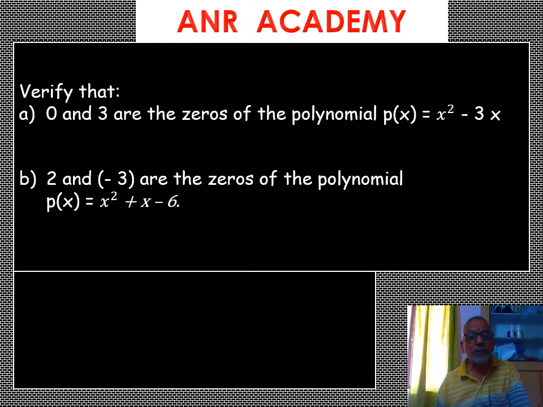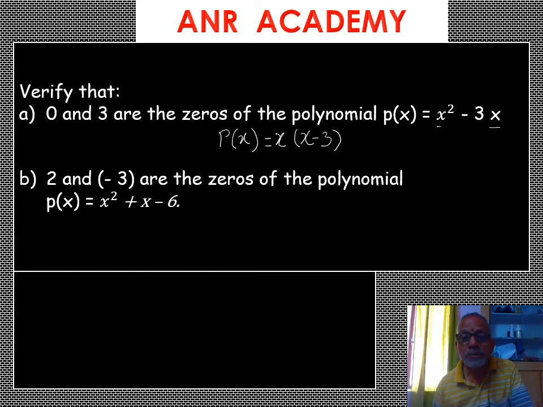0 and 3 are the zeros of the polynomial x square minus 3x. Here you have x common. So let us take x common. x into x minus 3. Your p of x becomes x into x minus 3.